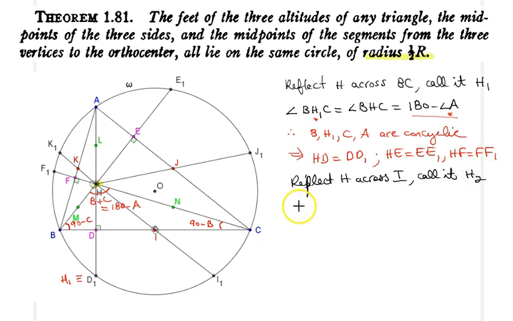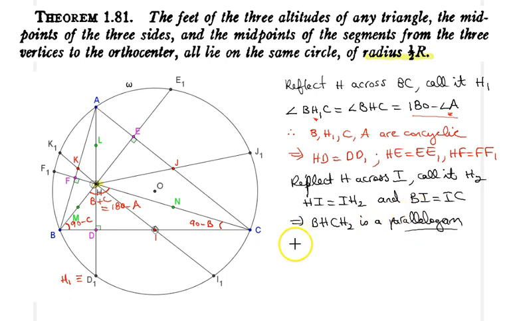So first we observe that, obviously by the reflection property, HI is equal to IH2, and we also know that BI is equal to IC. As a result, this implies that BHCH2 is a parallelogram, obviously.